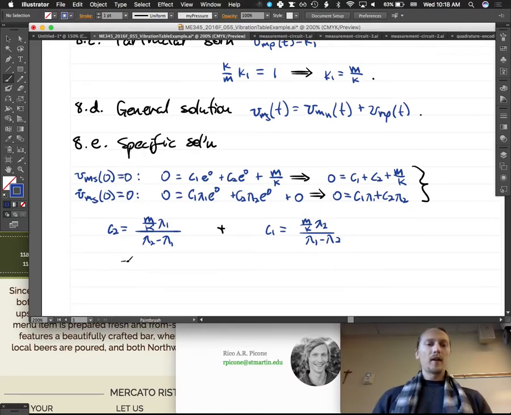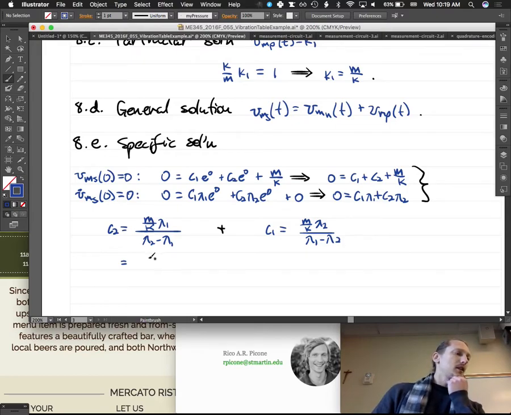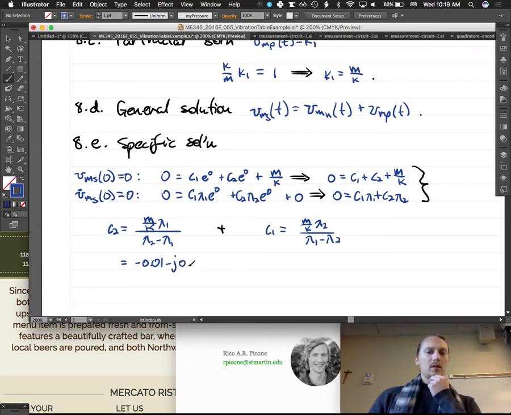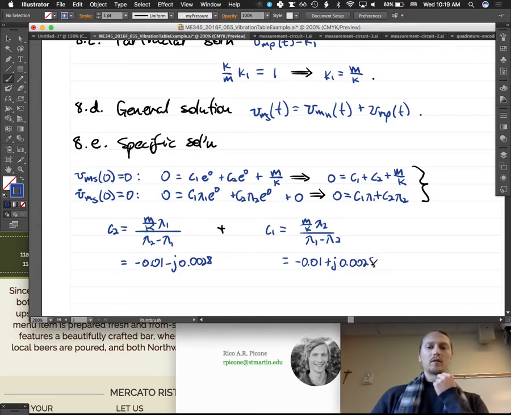And if you evaluate C2 for those values, then we get negative 0.01 minus J 0.0028, and C1 is negative 0.01 plus J 0.0028.